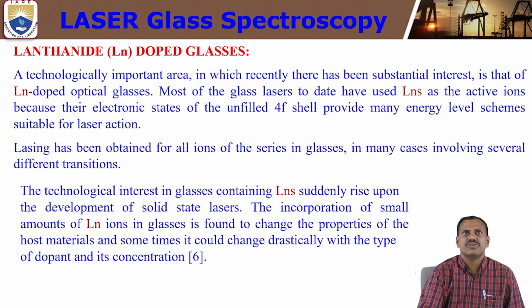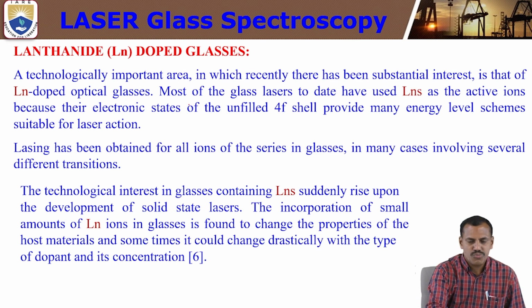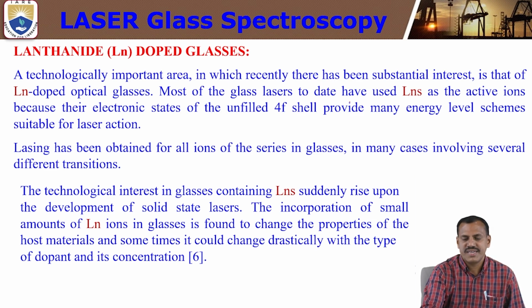If you want to prepare laser glass, we need to add lanthanide ions or rare earth ions, which act as the active ions in laser glass spectroscopy. Up to today, lanthanide ions are the active ions.